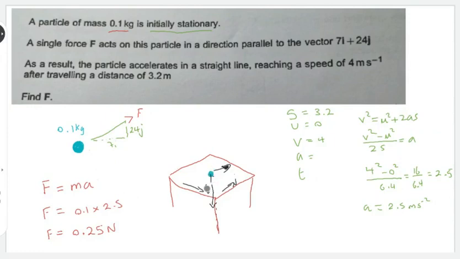It's acting perpendicular to the table, whereas the force that's causing this particle to move is acting parallel to the table. Okay, I think I get it. Cool.